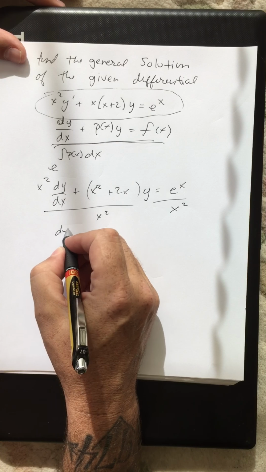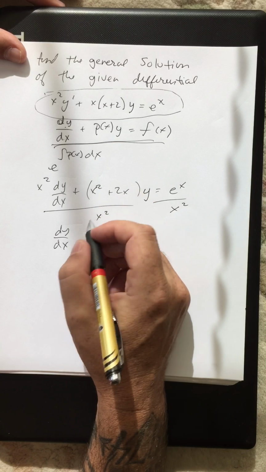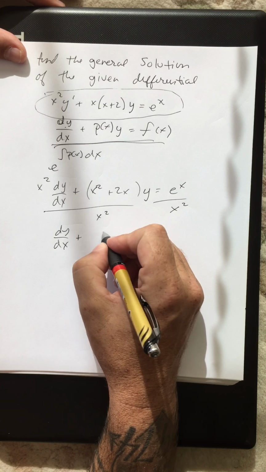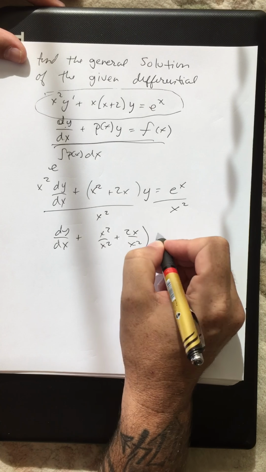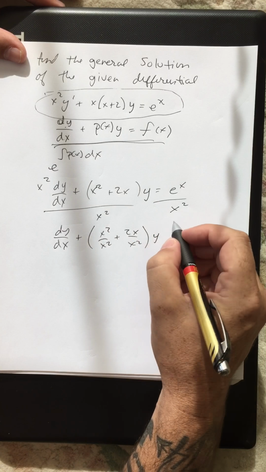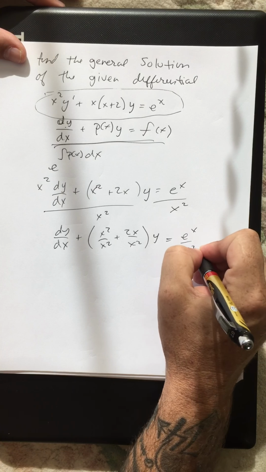So you got dy/dx, just like you got here, dy/dx, plus x squared over x squared plus 2x over x squared y equals e to the x over x squared.